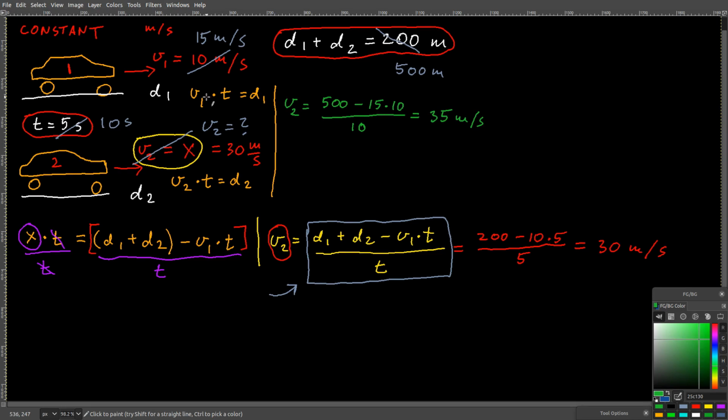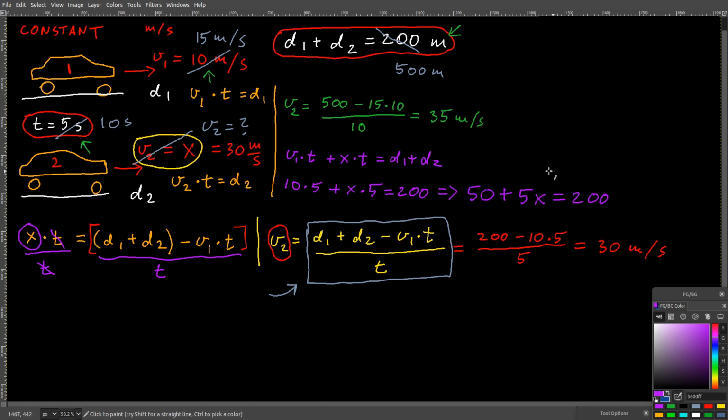If in the first case, where v1 equals 10 meters per second, t equals 5 seconds, and d1 plus d2 equals 200 meters, if I had put the numbers in there right at the beginning, then instead of this equation, I would have had this equation, or this one.